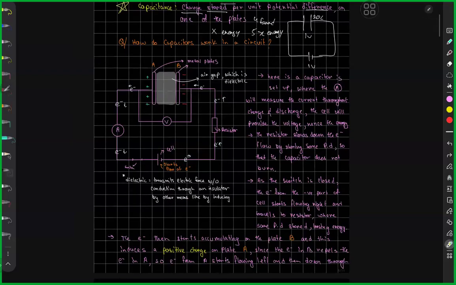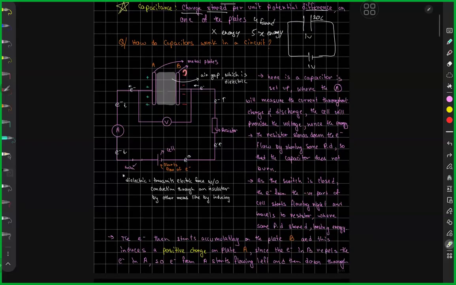So what is happening now is, as the electrons keep moving, the current keeps flowing, right? The electrons are accumulating on plate B over here. And there is suddenly a great accumulation of negative charge on my plate B. And what is the result of that?